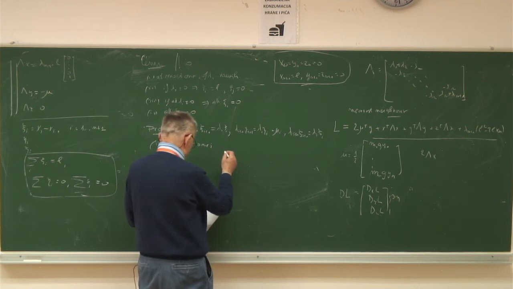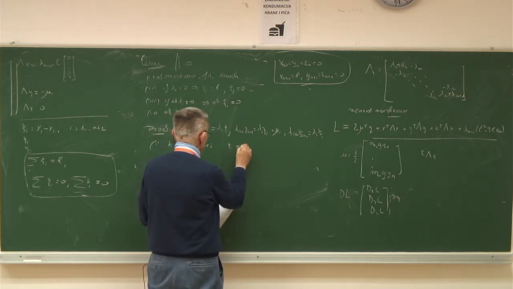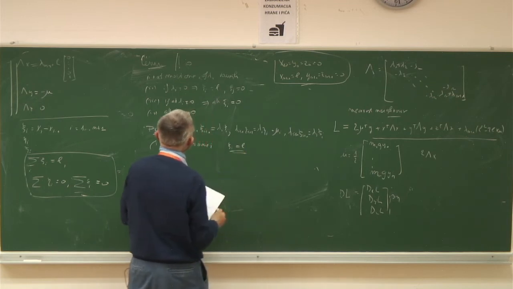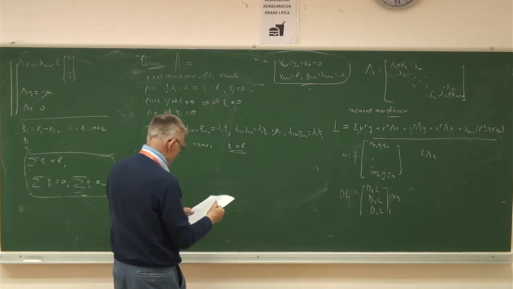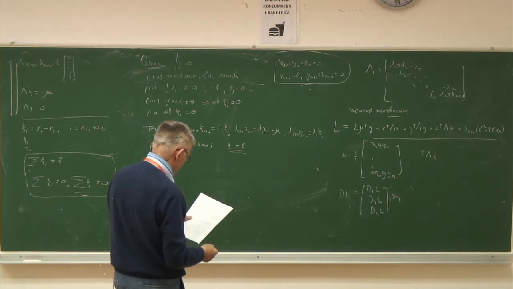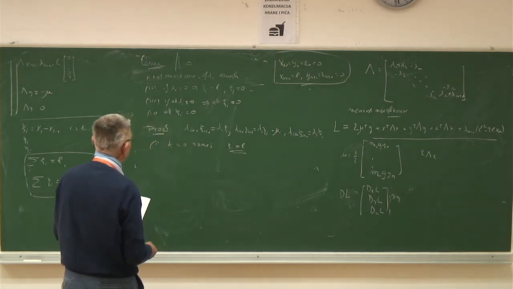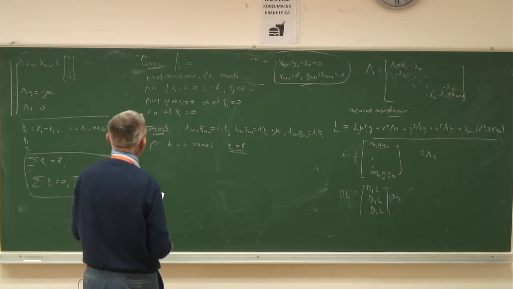So we have then xi_i is equal to L. That's here, and all other are 0. And then, yes, that's what it is.